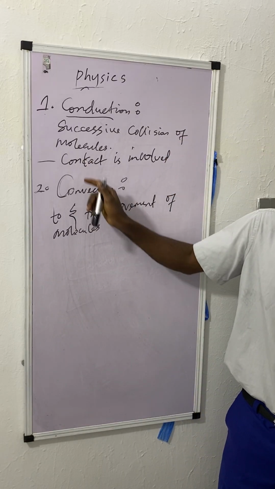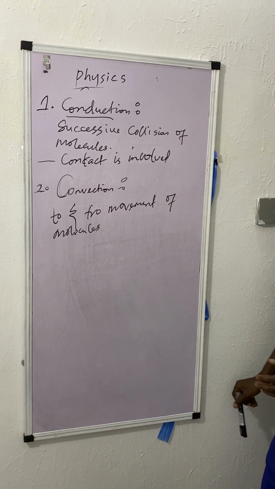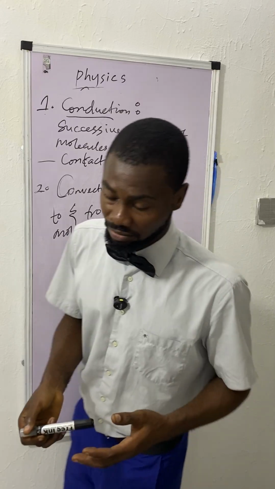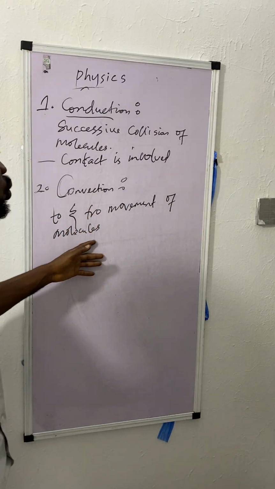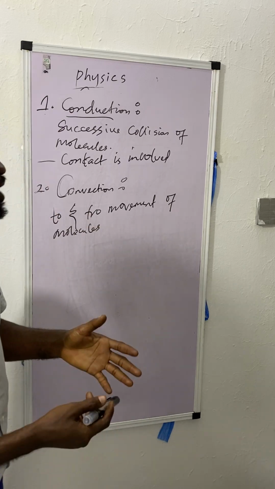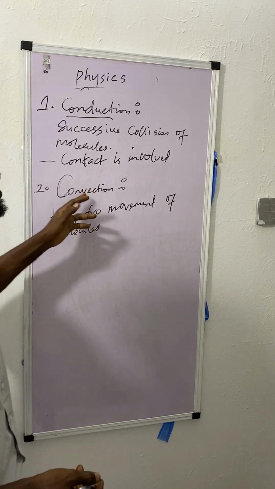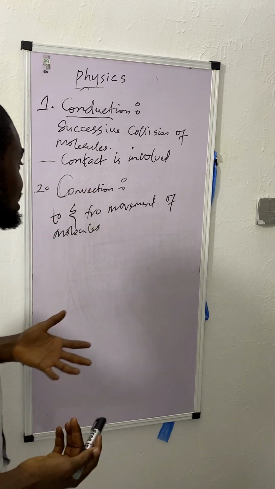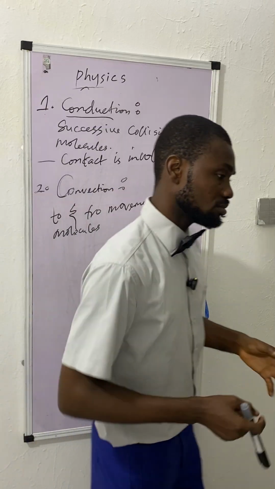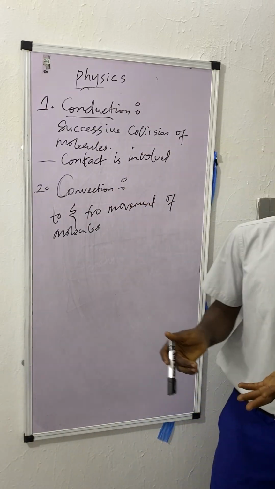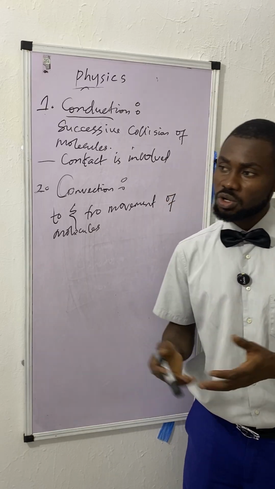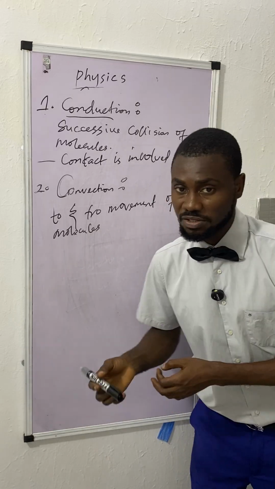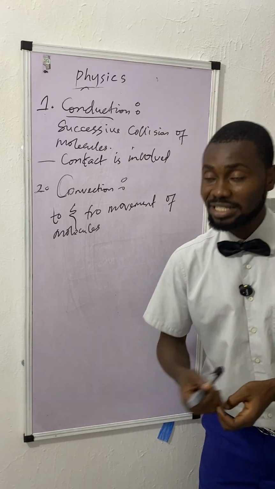Or you can use convection current, whereby you pass warm, tepid, or lukewarm water on the body of the patient, so that convection current can transfer heat from the point of higher energy, which is the patient with the higher temperature, to whatever substance you want to transfer the heat into.